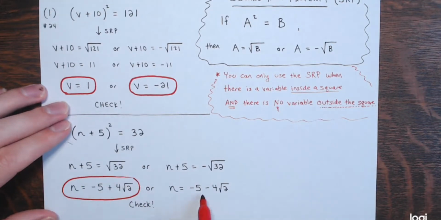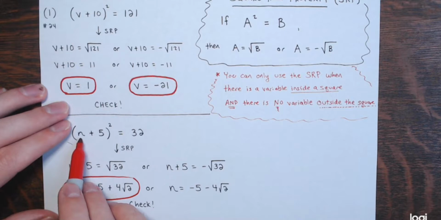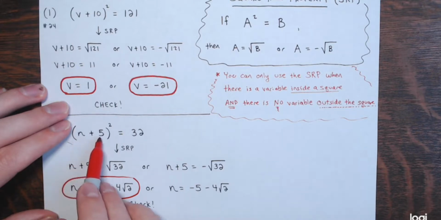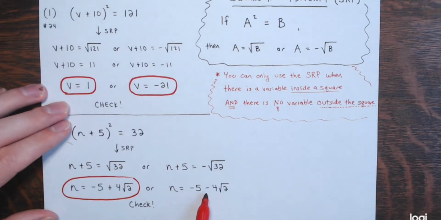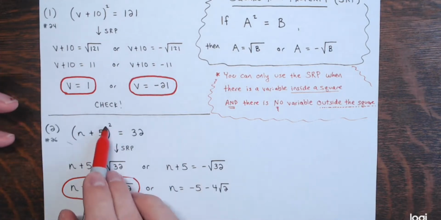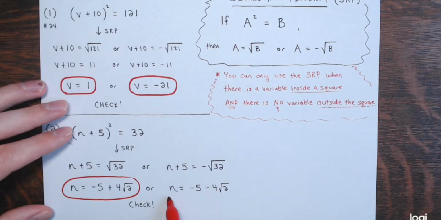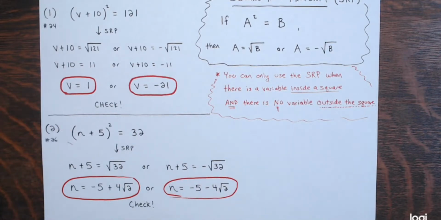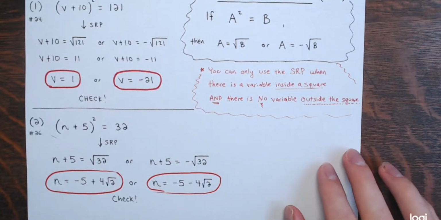And the same thing would happen here if I plug in negative 5 minus 4 root 2. Negative 5 minus 4 root 2 plus 5 would get rid of the negative 5, and I'd have negative 4 root 2 squared, or the negative square root of 32 squared, which would be positive 32 again. So I'd get 32 equals 32. Both of these work.